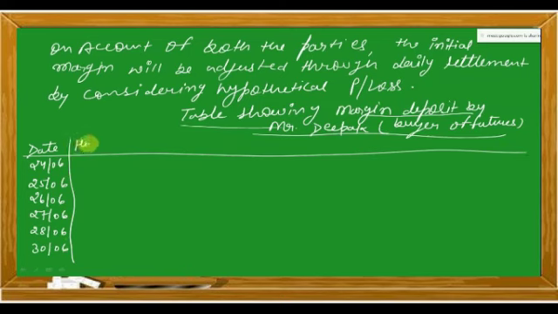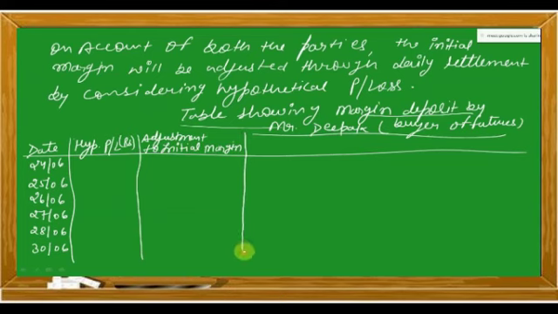Next we will calculate the hypothetical profit or loss, whatever the currency. In our case it is rupees. So we'll write it like this. Then we'll do the adjustment to initial margin.